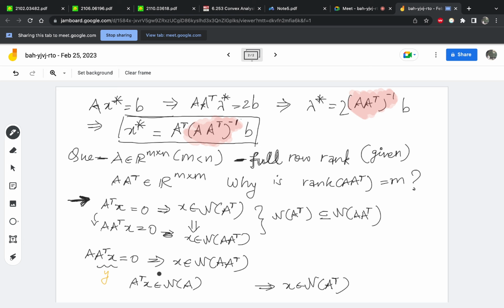Just thinking. You mean to say here? No, the last step, the last line which you have written here. Yeah, because A transpose is already there. I'm thinking if you can... I'm not sure. It's this linear algebra thing.